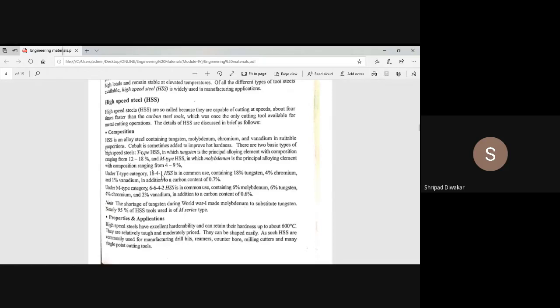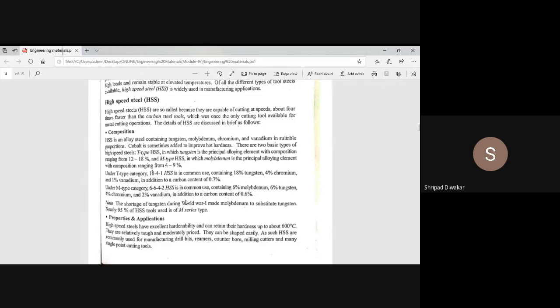In M type HSS steel, part of the 18 percent tungsten is replaced by some percentage of molybdenum. Remember, we don't have molybdenum in T type, whereas in M type HSS we have molybdenum. 6-6-4-2 is the representation of M type HSS. 6 means 6 percent of molybdenum, 6 percent of tungsten, 4 percent of chromium, and 2 percent of vanadium, in addition to a carbon percentage of 0.6 percent.